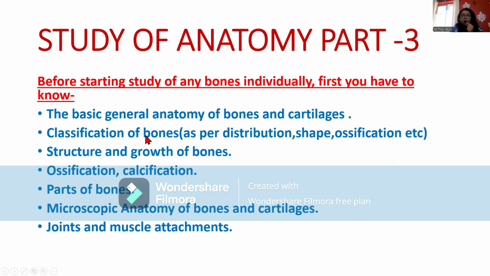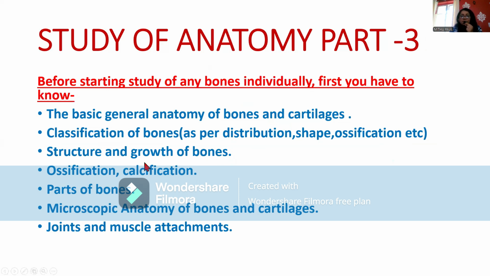Now, before the study of the bones, as we are going straight to gross anatomy, some part of the general anatomy and the associated facts you must know. We will cover each of the topics in our next presentations.